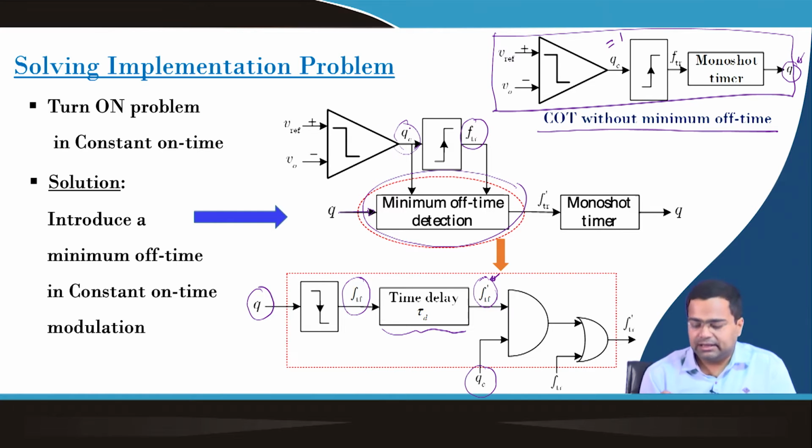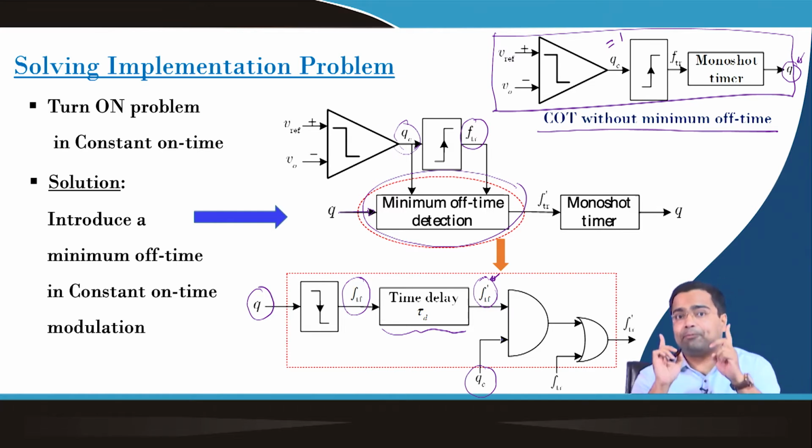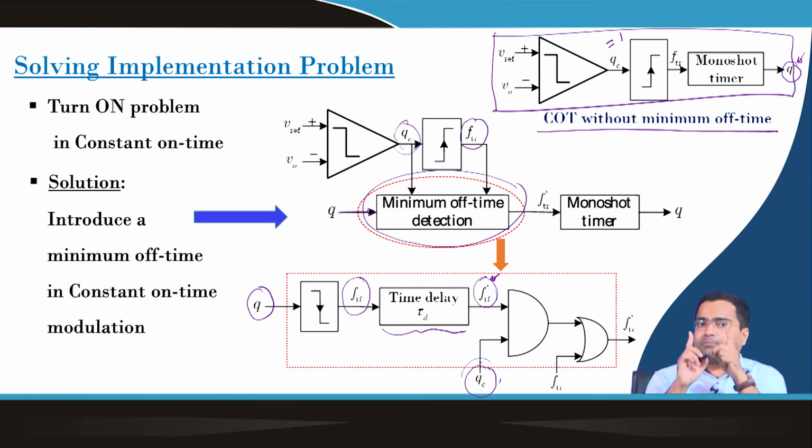That means if we find the comparator output still remains high, because we have a problem. What was the problem? Even after turning off the switch, if we find the comparator output remains high and no edge is detected, then we have a problem, the main switch was off. So first we check whether the comparator output still remains high after the delayed trigger pulse.